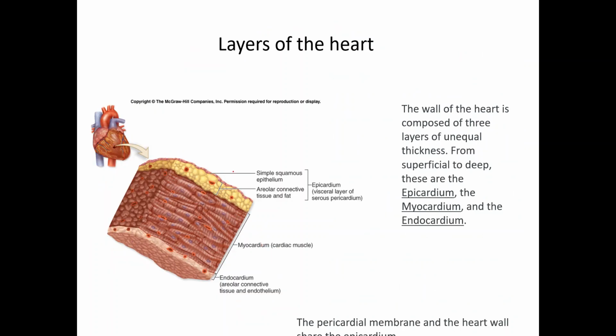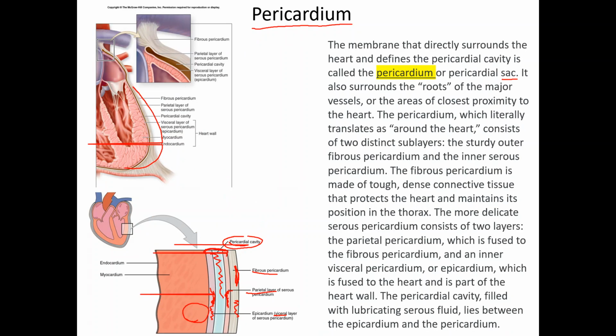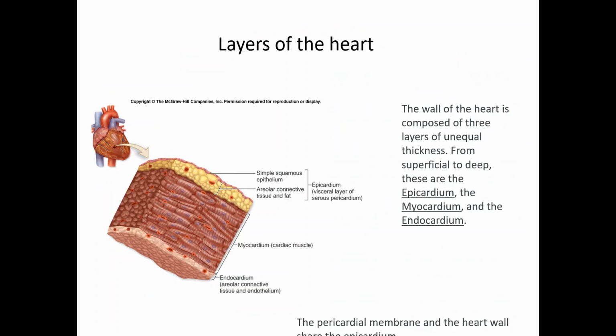Now, if we move in, the visceral layer of the serous pericardium is in contact with the actual heart tissue, which is of course the myocardium, cardiac muscle tissue, a very unique type of muscle tissue.